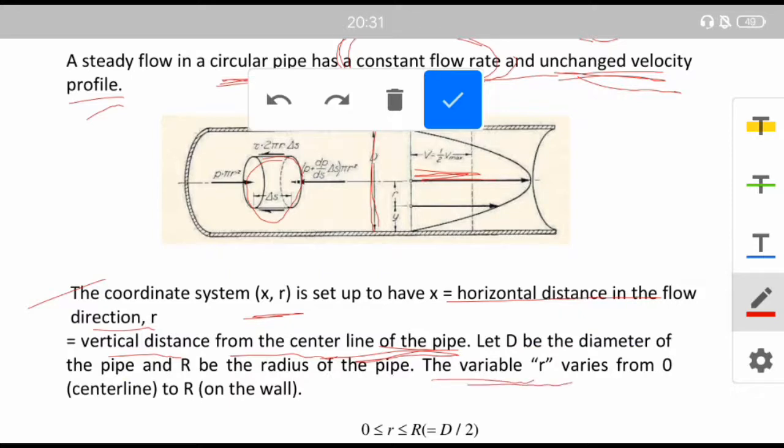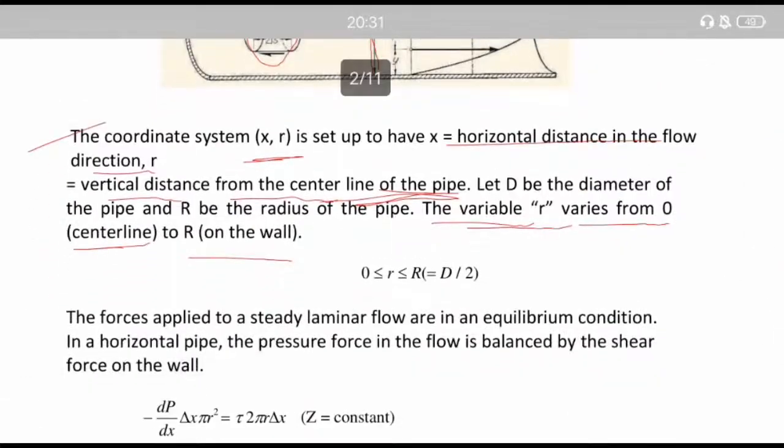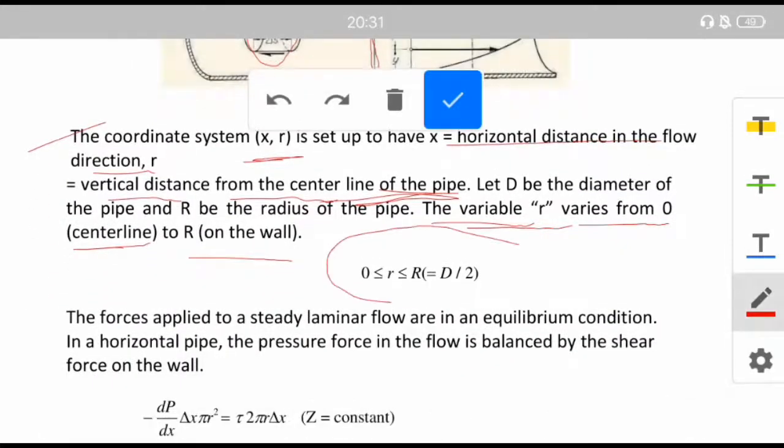The variable r varies from 0 at the center line to R at the wall. Thus r is a value within 0 to R, and R is equal to D by 2.